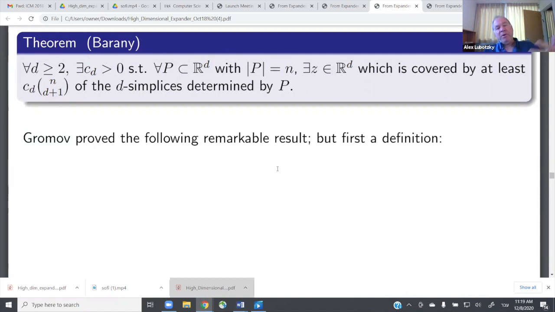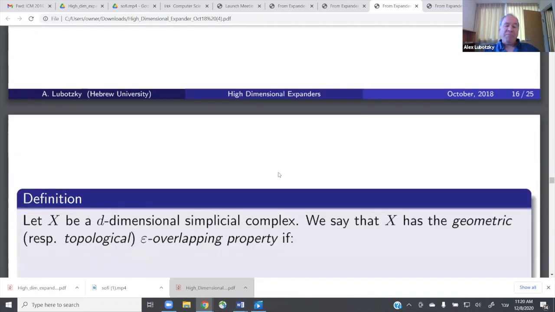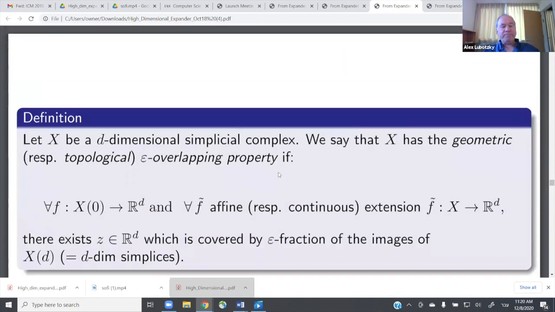When you see this theorem, you think about it as a property of the Euclidean space R^d. Gromov taught us to think about this theorem as a theorem about simplicial complexes, or about hypergraphs, whatever you prefer.